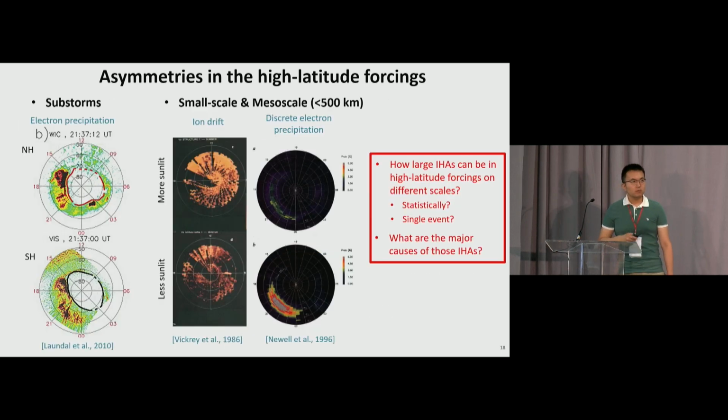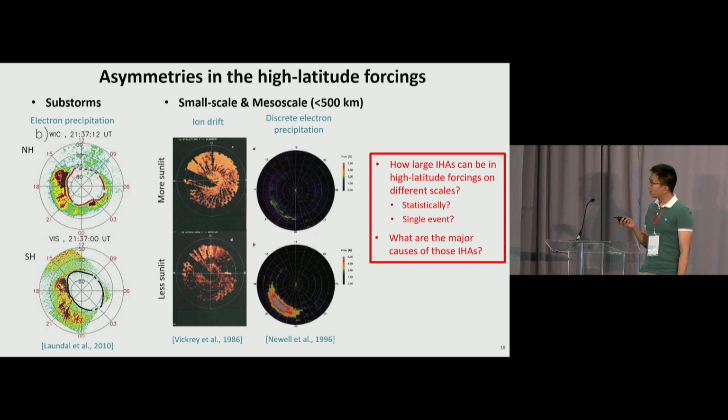Although this presentation mainly focuses on the large scale, the interhemispheric asymmetry could also occur in small and mesoscale structures. For example, the intensity of small scale and mesoscale forcings significantly depends on the season, so large interhemispheric asymmetries could be expected during the solstice.